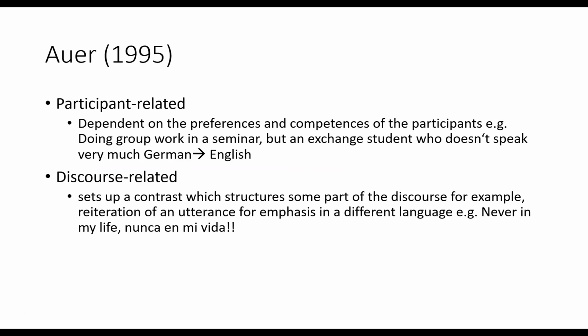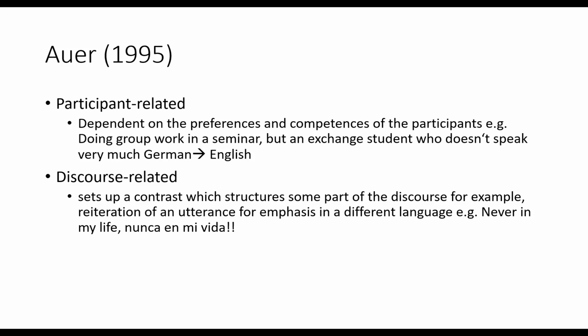Auer 1995 makes two further distinctions when he talks about code switching. He distinguishes between participant-related code switching. So participant-related code switching is dependent on the preferences and competences of a particular participant. So for example, if you're doing group work in a seminar, even if we say, please do it in English, most of you end up talking German anyway.